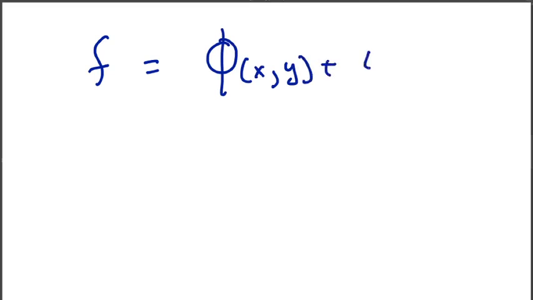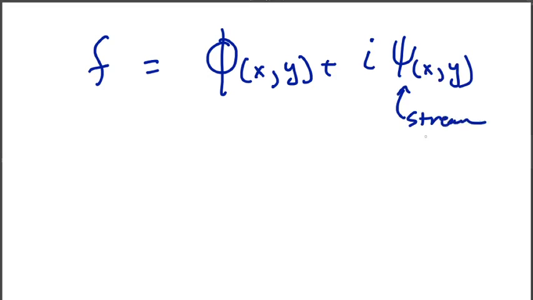It says that we've got a function, and that function takes the form phi of x comma y plus i psi of x comma y. This is our stream function that we were just looking at. And this is called the velocity potential right here.